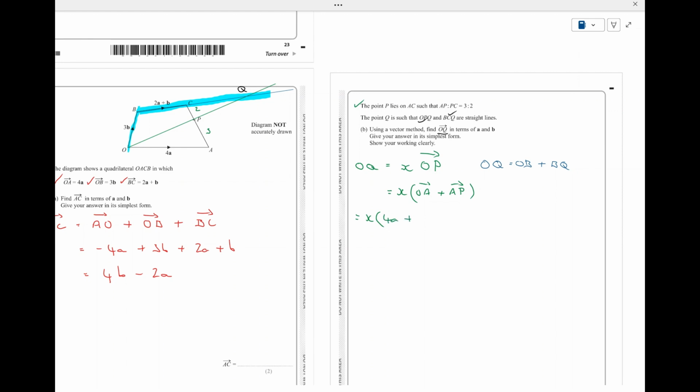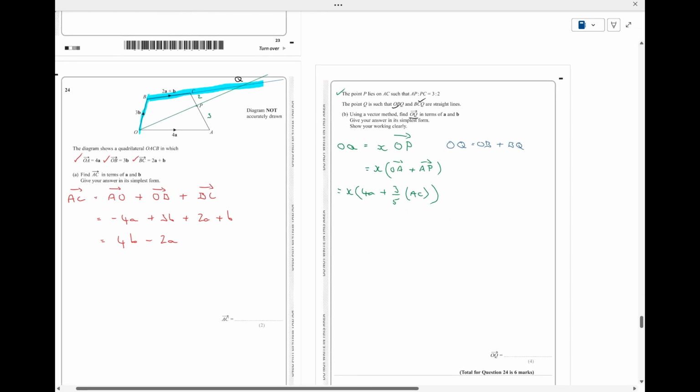Now A to P is 3/5 of the way from A to C. And I've already got A to C in part A, so that's going to be good. So that is X times 4A plus 3/5 times A to C. A to C is 4B minus 2A.